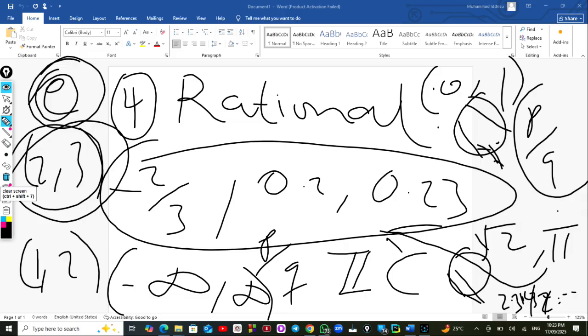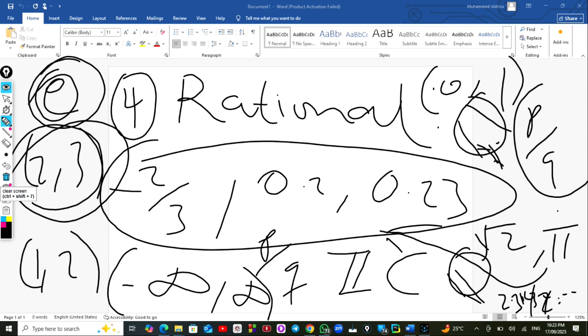A rational number. Is that okay? So rational numbers are also not qualified to be written as what? Intervals. If you are going to write it as an interval, then you must define your interval. Okay, so that is it.